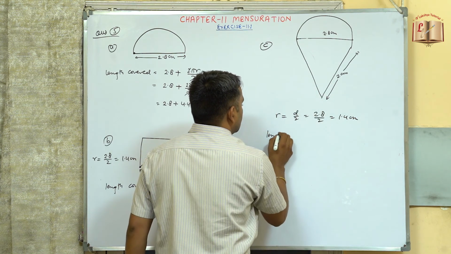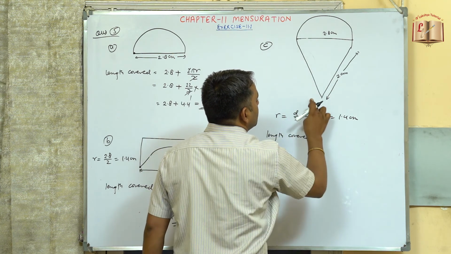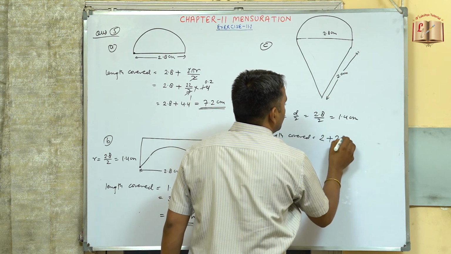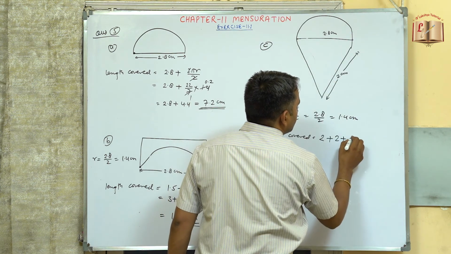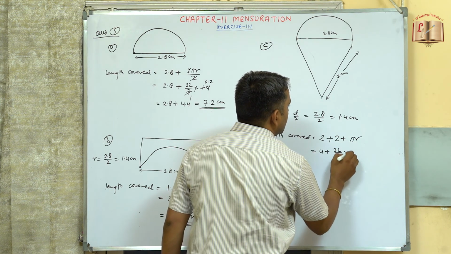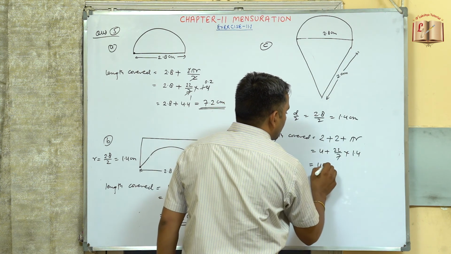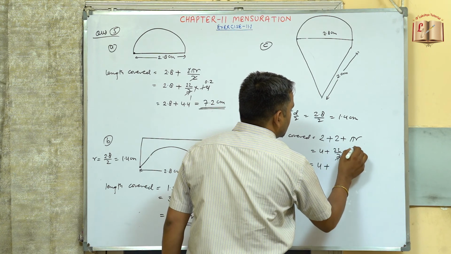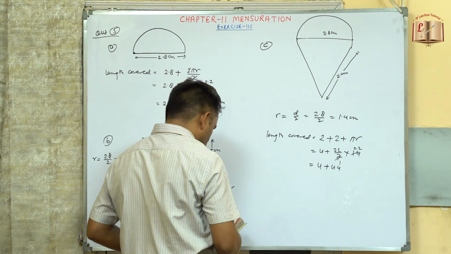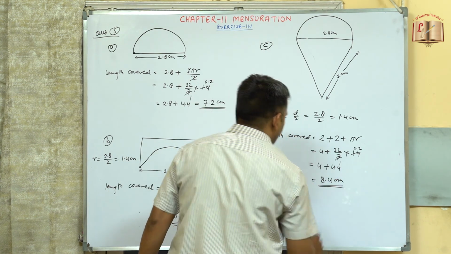Here the length covered will be this length 2 plus this length 2 plus this semi perimeter, which is pi r. So this will be 4 plus 22 by 7 into r. R is 1.4, so this is 4 plus 4.4, which equals 8.4 centimeters.